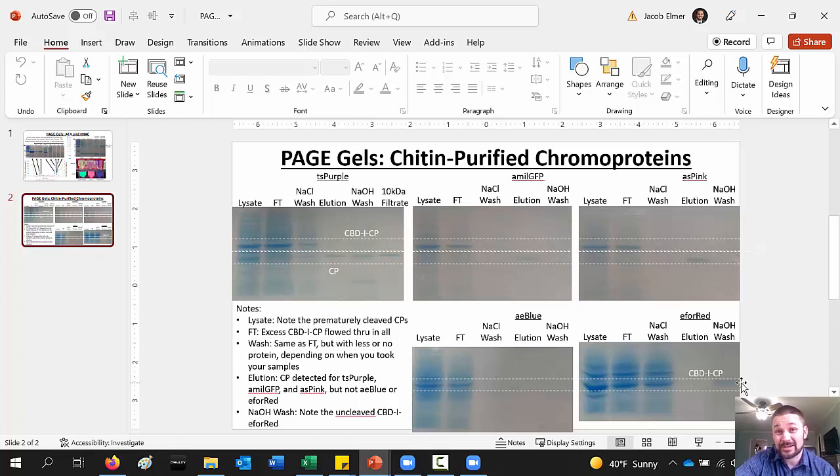Maybe this tag's not going to work at all. Maybe we could mutate a few residues right where the intein and the chromoprotein are joined together, and that could make it work better. It would take a lot of trial and error. But TS purple, Emil GFP, and AS pink, this all worked. It just worked at a low efficiency. So you'd have to do some more troubleshooting to really optimize protein production there.